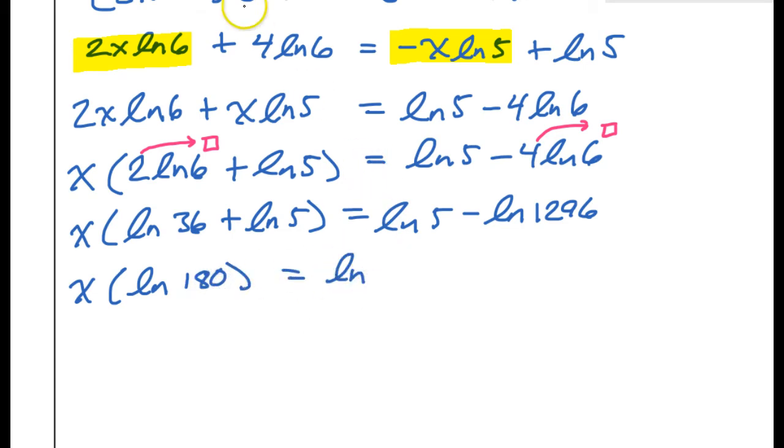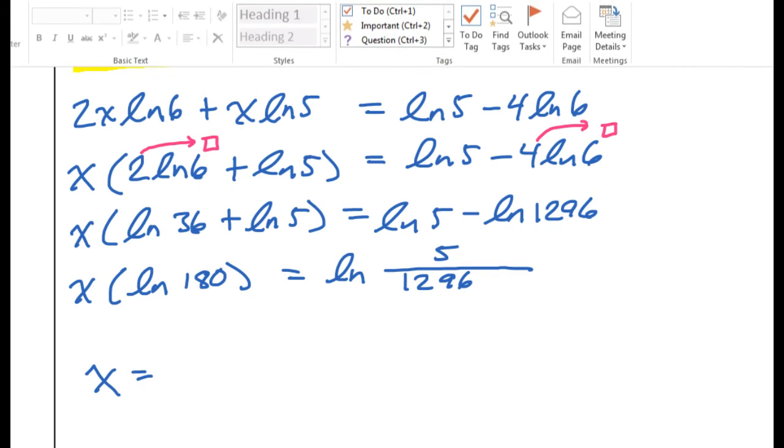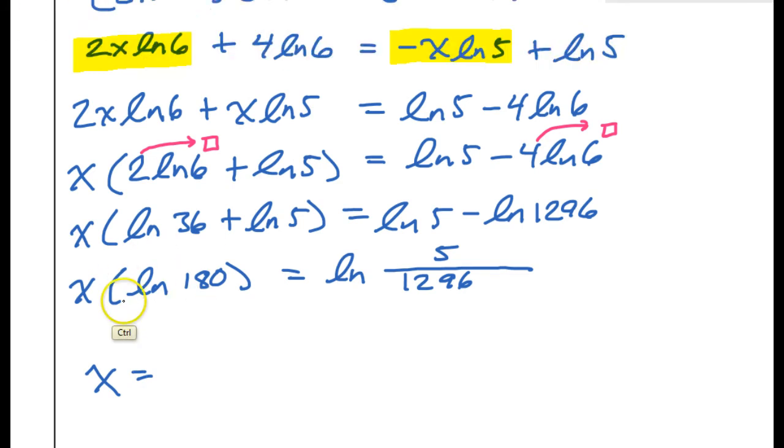Well, it's a fraction. So we have to do the natural log of 5 over 1296. Okay, so this one won't be as pretty, but it's okay. So in the end, we will get x by itself by dividing both sides by natural log 180.